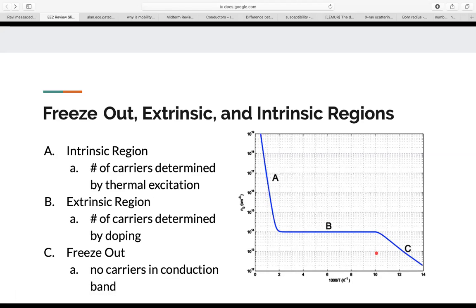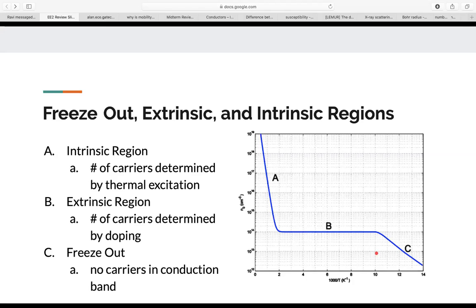The extrinsic region is where the number of carriers in your conduction band is determined by the amount of doping that you have. Let's say you dope your silicon crystal with phosphorus. Phosphorus has 5 valence electrons, silicon has 4. That extra electron gets to go to the conduction band, and so your N naught becomes dependent on how much you dope your crystal.